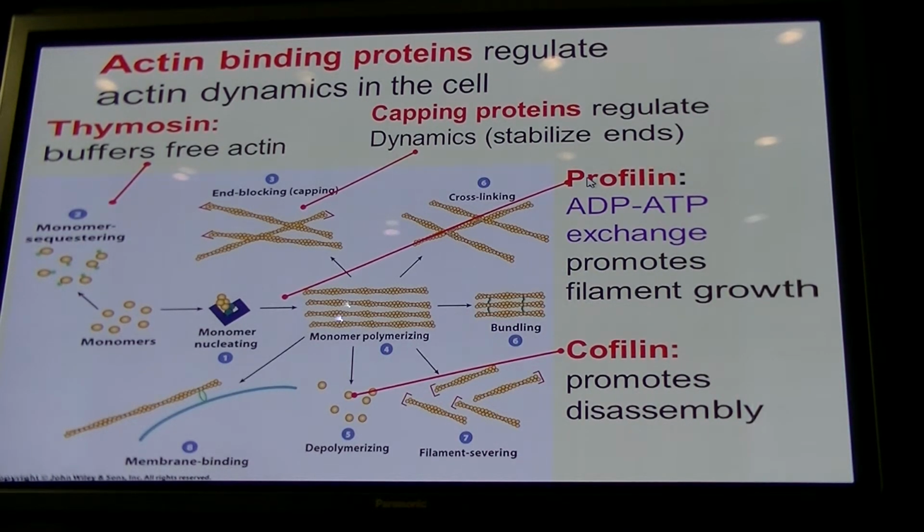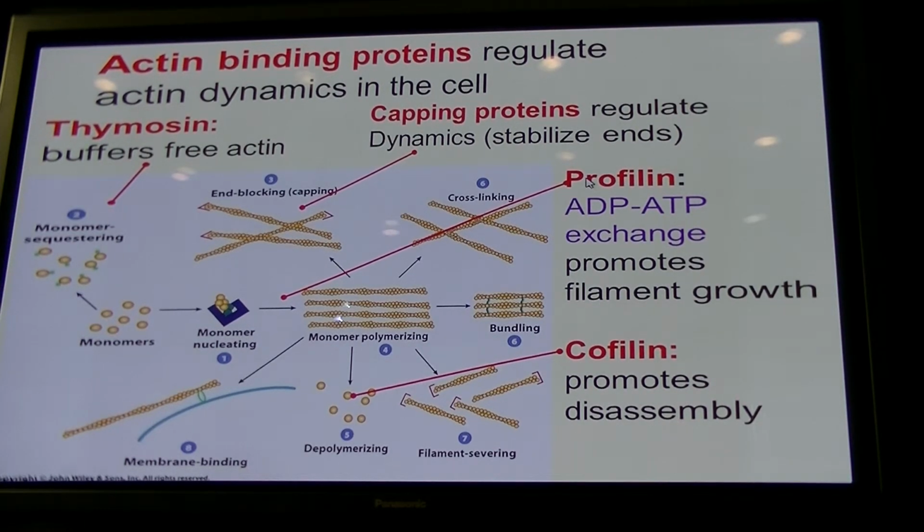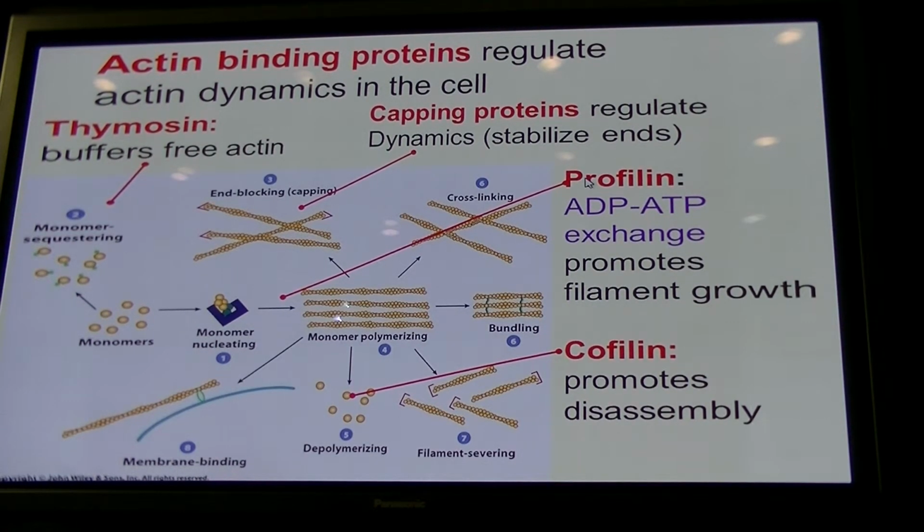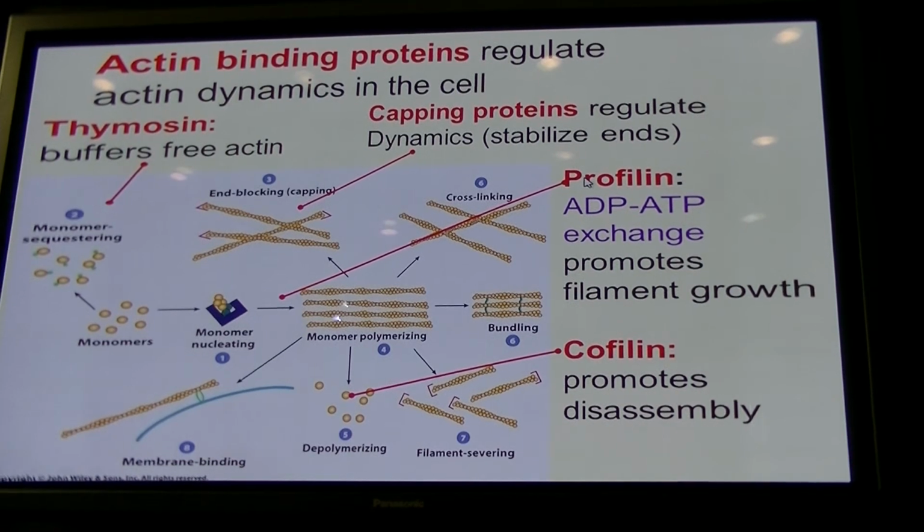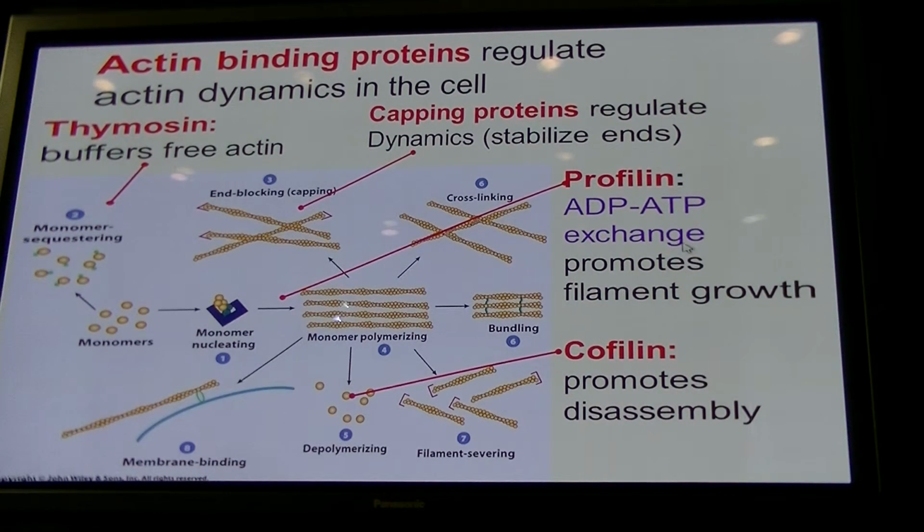It kicks out the ADP, and then because there's a high ATP concentration in the cell, that ATP comes in. So profilin is an exchange factor. It exchanges ADP, letting ATP in. And if there's high profilin activity, you promote the actin to be in an ATP state, which is competent for assembly. So you promote filament growth.